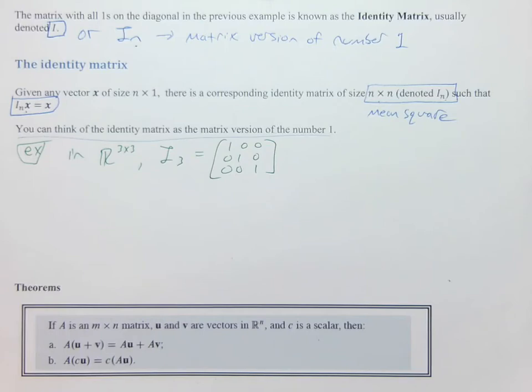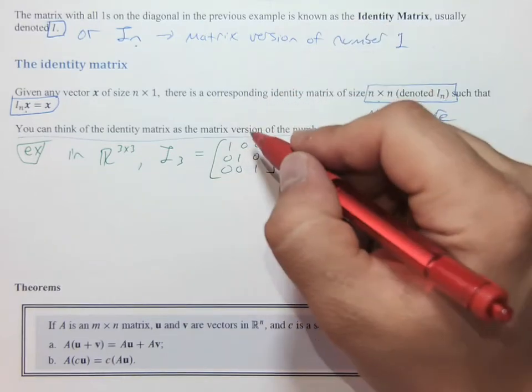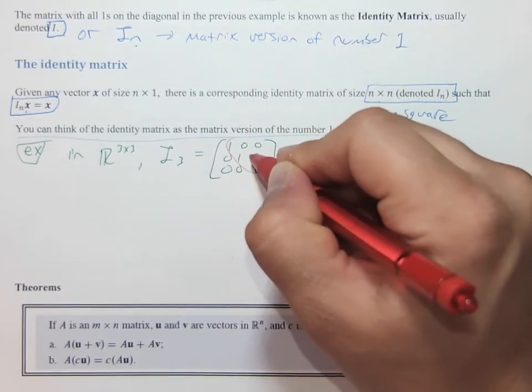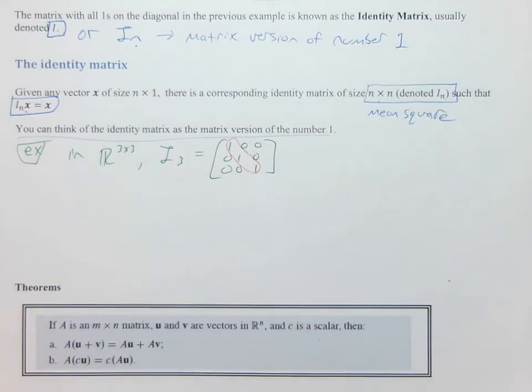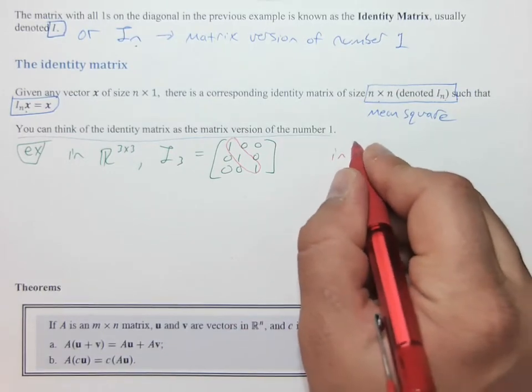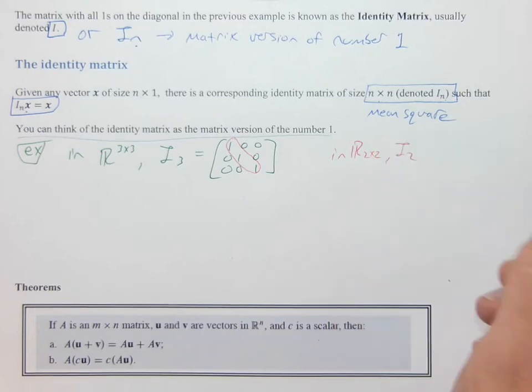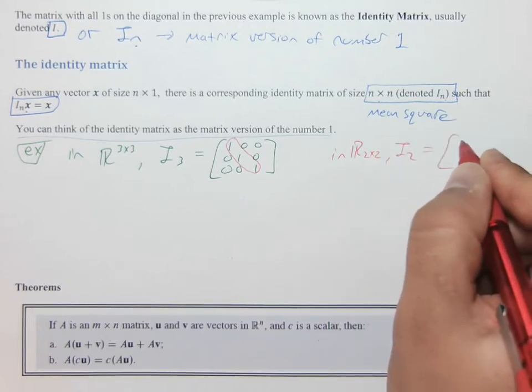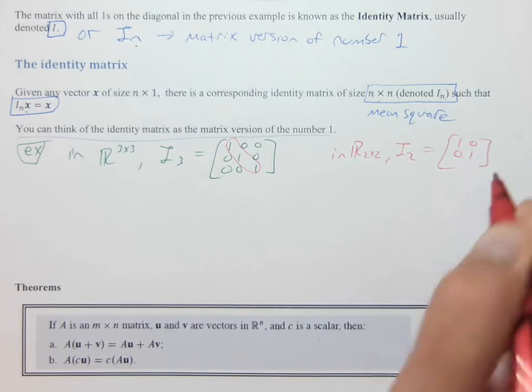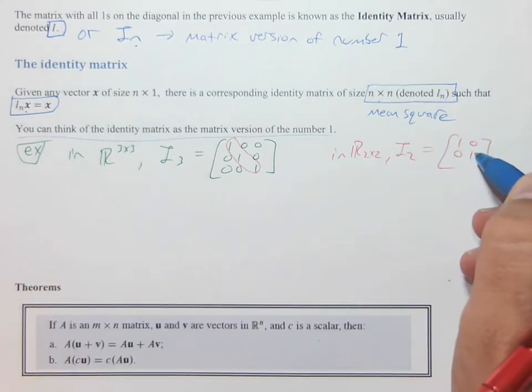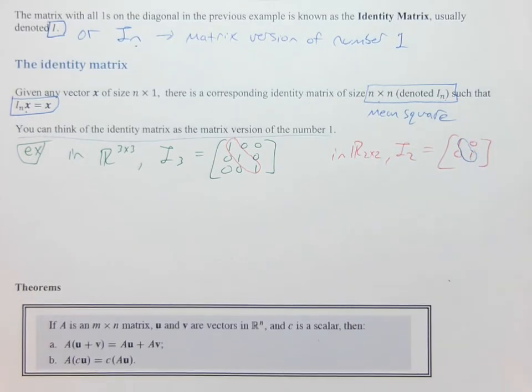It has 1s on the diagonal and 0s everywhere else. If we're in R2, the 2 by 2 identity matrix would just be a 2 by 2 version of that. Again, 1s on the diagonal, 0s everywhere else.